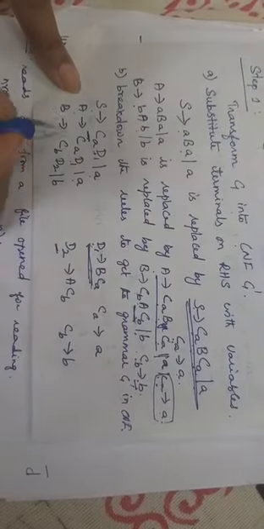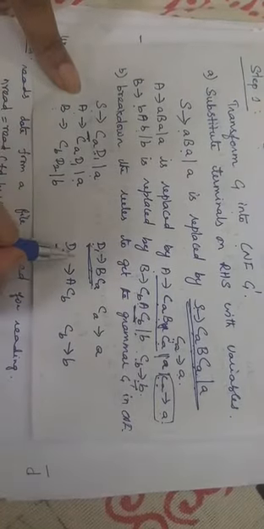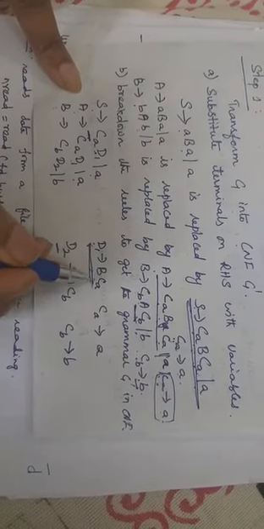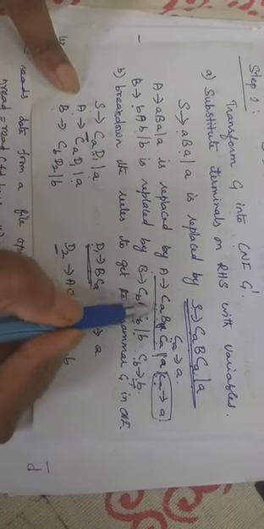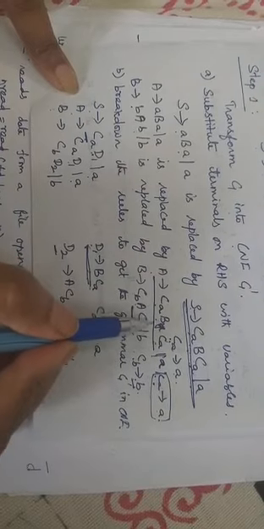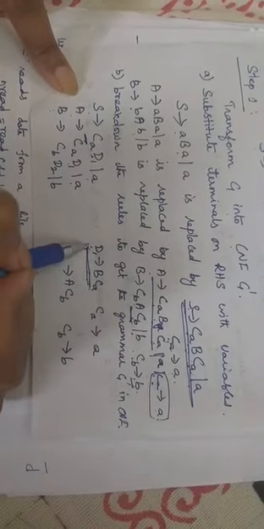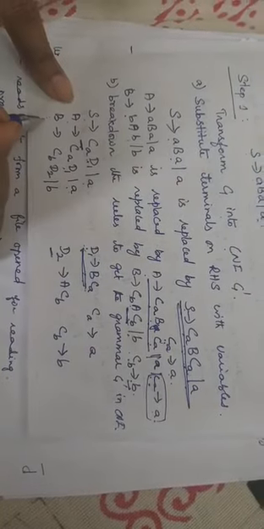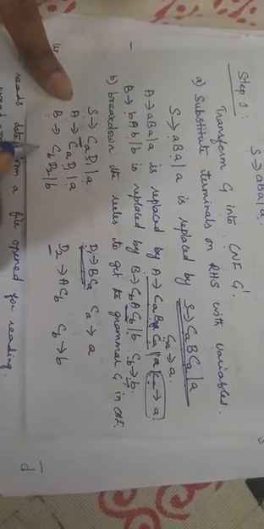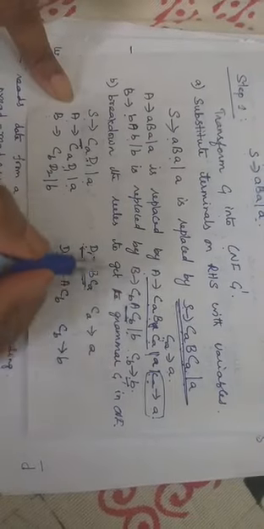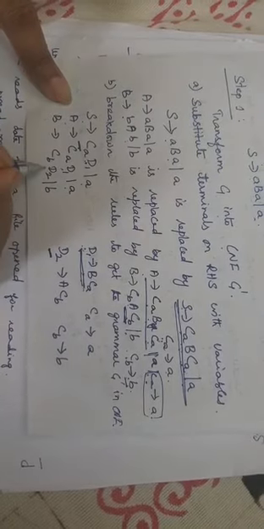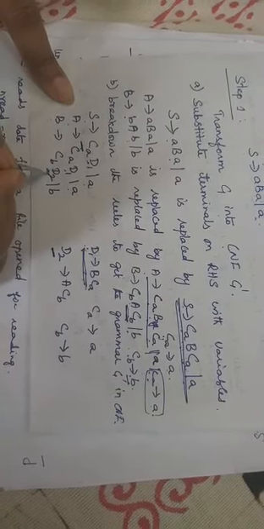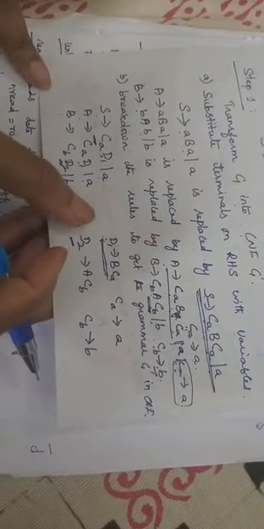D1 is BA; already in the A production I have Ca BA, so BA I have applied as D1. The same thing you substitute here also. B is Cb A Cb. So ACb you are substituting as D2, so instead of ACb you write D2. This is how we break down the rules.